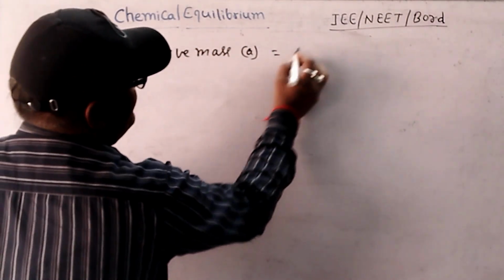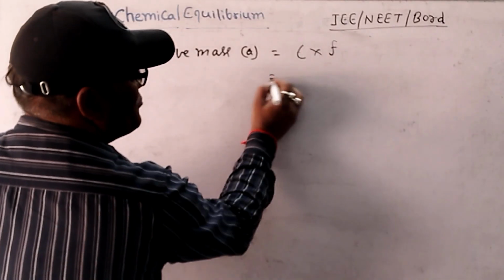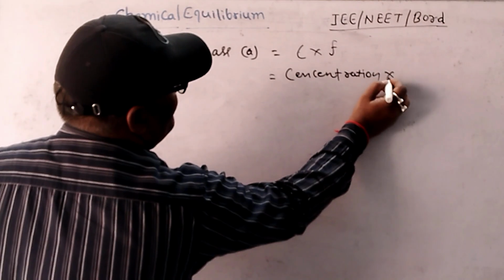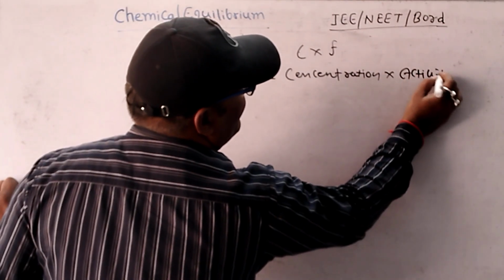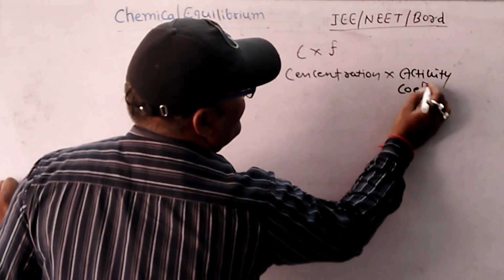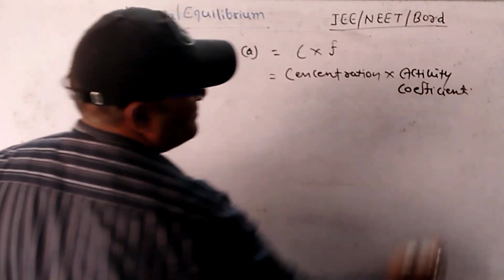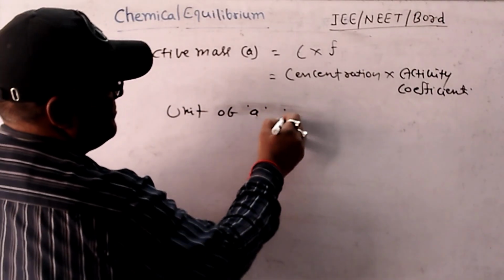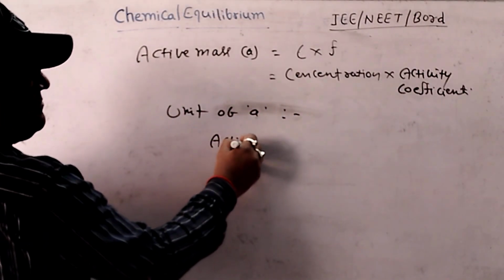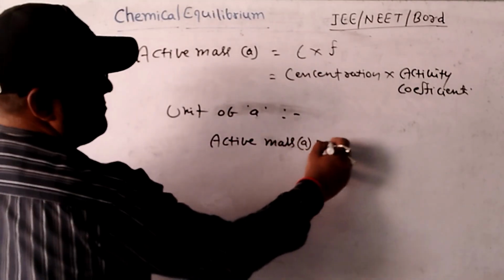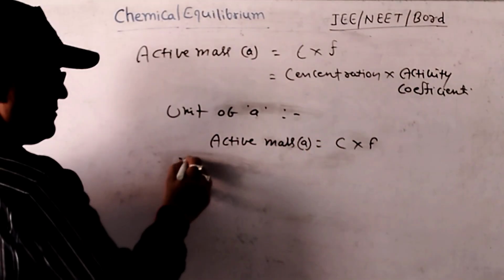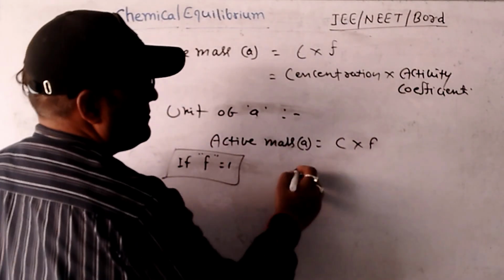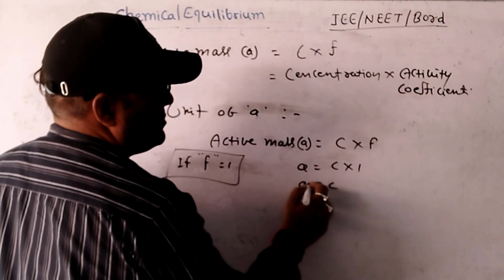The formula is: active mass is equal to concentration into small f, so this is concentration in mole per liter multiplied by the activity coefficient. A is equal to C into F. If F is equal to 1, then A is equal to C into 1. So A is equal to C.